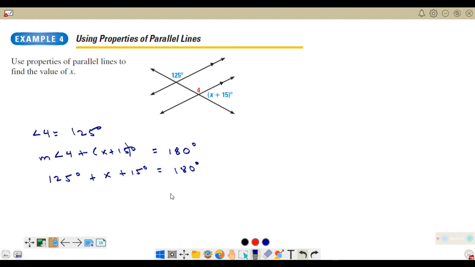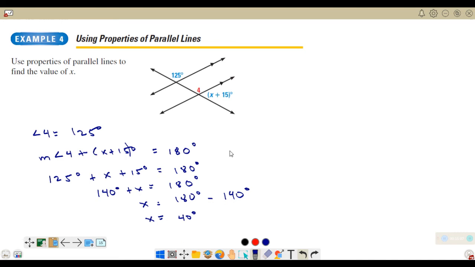Combine like terms tayo. 125 plus 15, 140 degrees plus x is equal to 180 degrees. Addition property of equality or subtraction property of equality, no matter what terminology you want to use, okay lang sa akin. So, we are going to have 180 minus 140, giving us x is equal to 40 degrees.